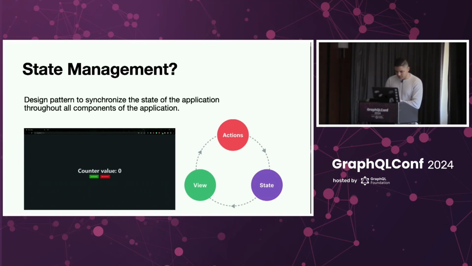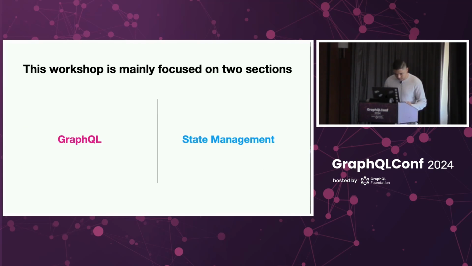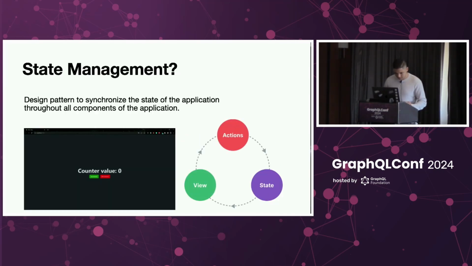And the second part of the title, which is state management. So our app is going to involve managing state. And so we have to know what state management is.